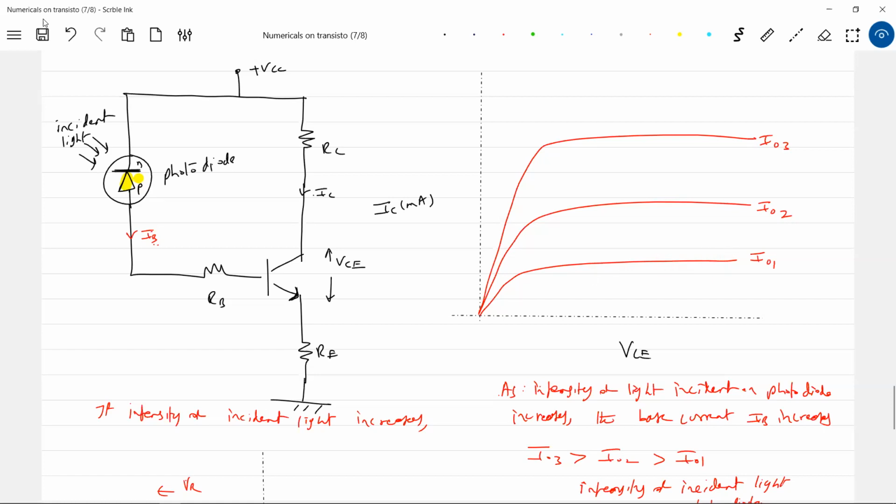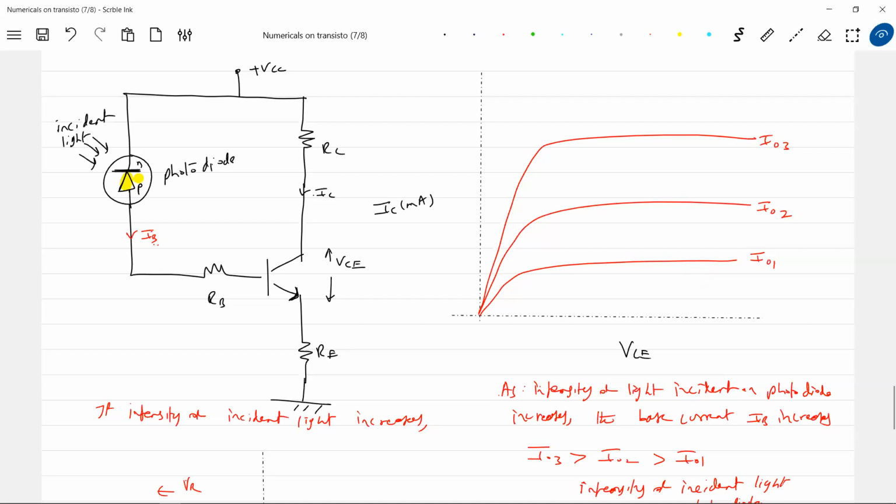The reason is that when the photodiode is forward biased, the majority carriers' number is so high that as you increase the intensity of light, the increase in minority carriers will be very less. The increase in photocurrent will be very less. The fractional change in photocurrent will be very small, negligible compared to the fractional change in majority carrier current. The response curve will be like this only.